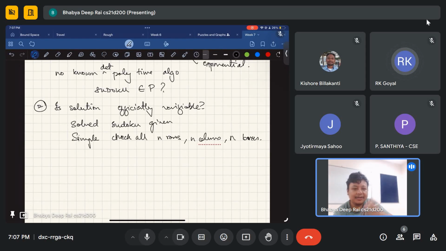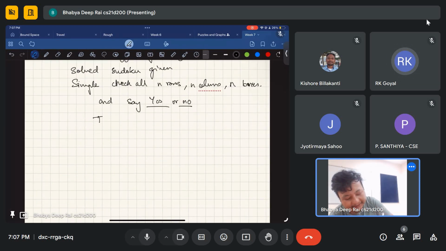Just check whether all of 1 2 3 4 5 6 7 8 till n appear exactly once, all of them, and say yes or no. So it's easily checkable, because how much time does it take? Time taken is order n cube, where n is actually the number of rows here, but it's okay, which is polynomial. So what do you get? You see that Sudoku is in NP.